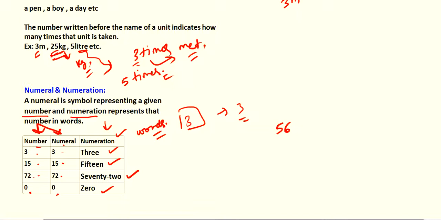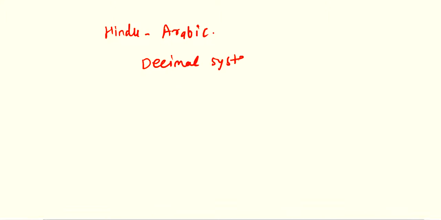Then next is Hindu-Arabic, that is the Indian system of numeration. Now the first question arises here, why is this name given, Hindu-Arabic? The Indian system of numeration is in fact the decimal system, which is adopted from ancient times and then used over the world.